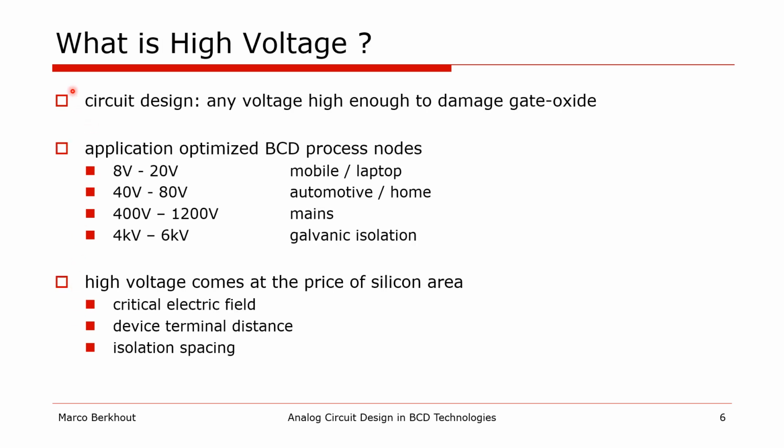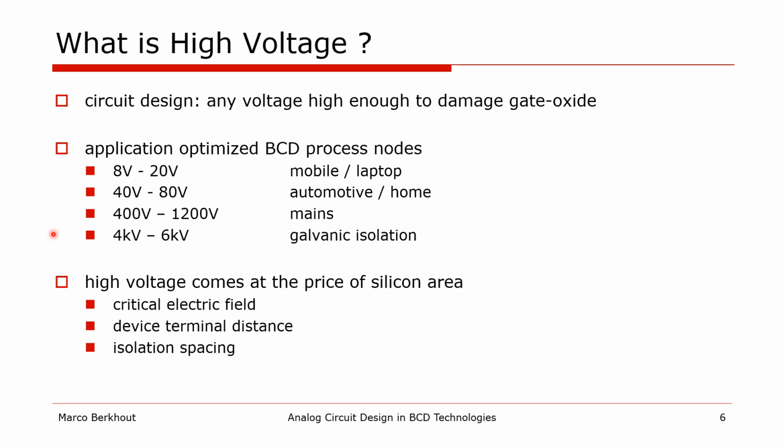So what do I mean with high voltage? Well, from a circuit design perspective, high voltage means any voltage high enough to damage the gate oxide of your MOSFETs. In practice, the voltage depends on the application area and goes from 8 to 20 volts for mobile up to as high as 6 kilovolts for galvanic isolation.